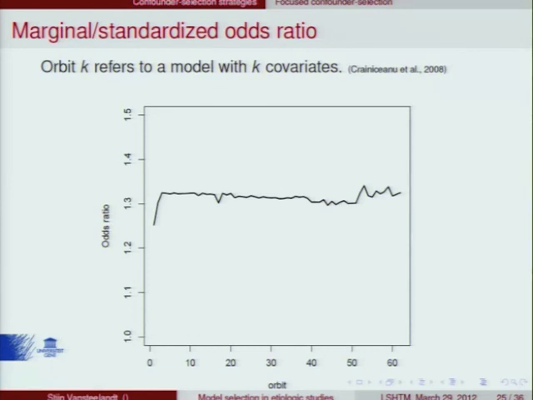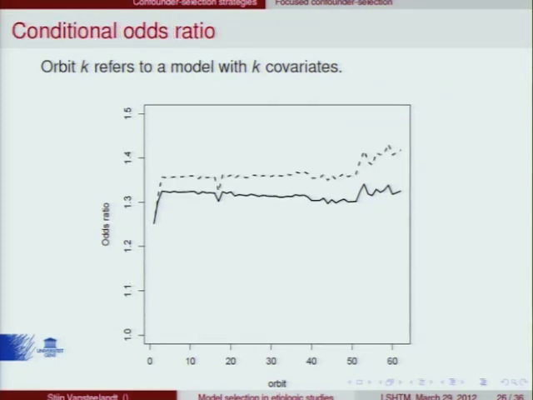But in fact, what you can see on the picture is that we get very stable results. Whether we pick a model with 2 covariates or 20 or 40 doesn't really seem to change the magnitude of the result very much. If you focus on conditional odds ratios, what you would usually obtain from a traditional logistic regression analysis, then you get somewhat different results, which is due to non-collapsibility. And they're just a little bit more sensitive, I guess, to what orbit you are in.